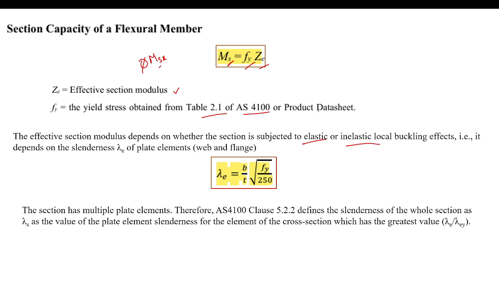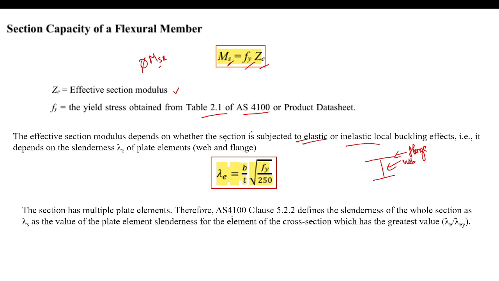Now since this I section is made up of different web and flanges, we term these as plate elements. So flange is a plate element, and web is another element. If both have different slenderness ratios, how can we find the actual section slenderness ratio?